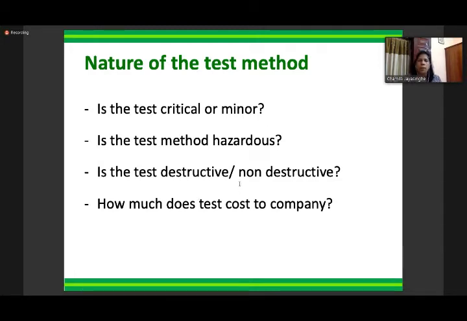Is the test destructive or non-destructive? That means whether we can use this method for the testing or whether we can't. Because sometimes when we are going to analyze, we can use different methods for the testing, but some methods are suitable for analyzing that sample, while the same method is not suitable for other sample analysis. For example, say we want to analyze the acidity of an oil sample, right?